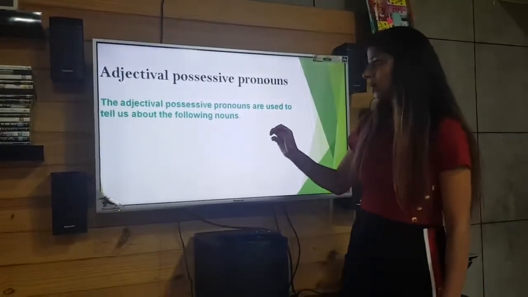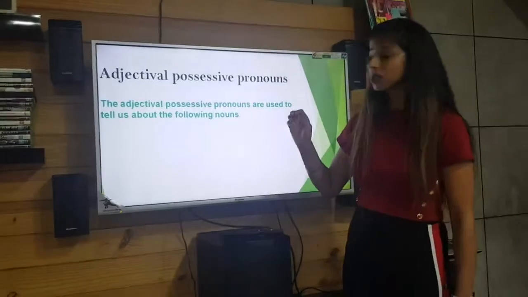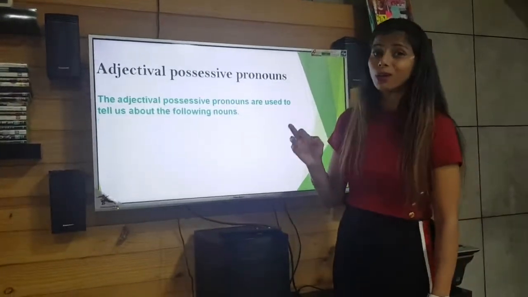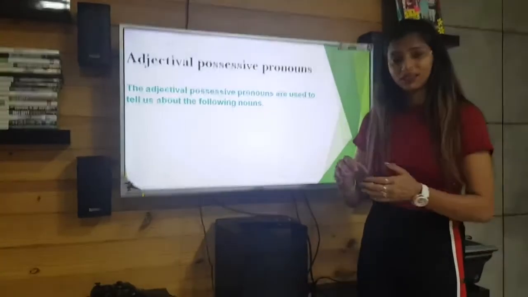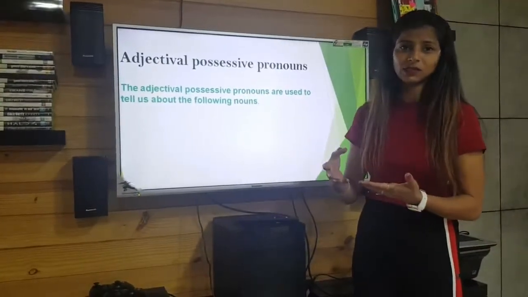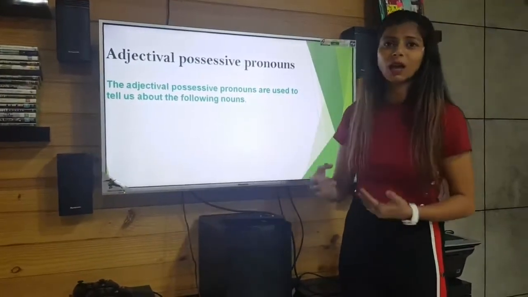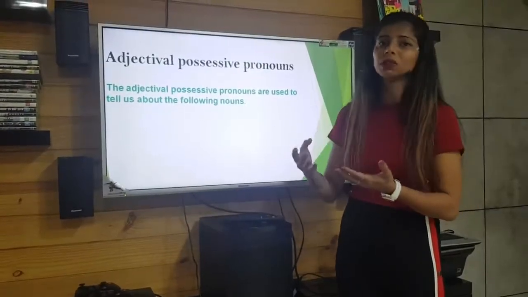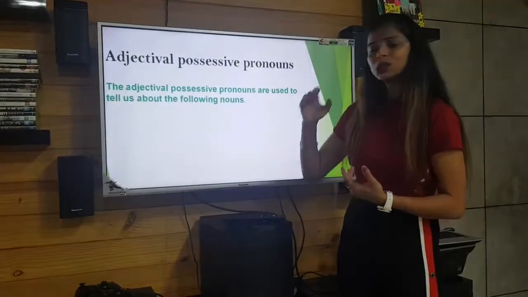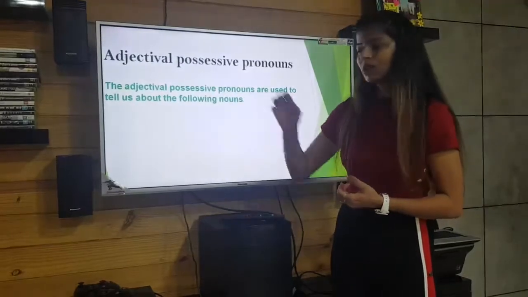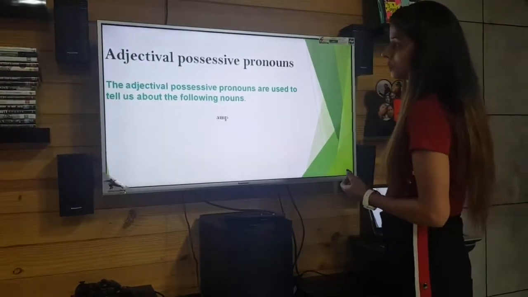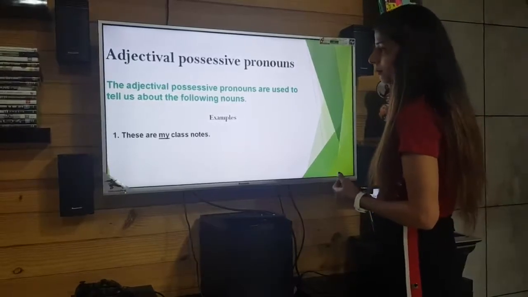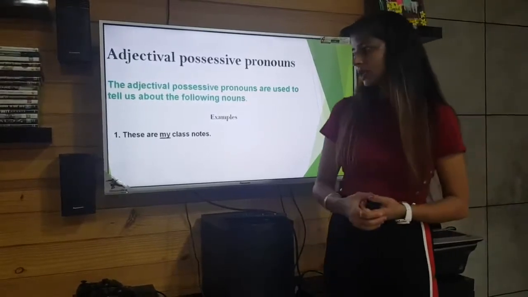These pronouns are used to tell us about the following nouns, which is the quality of an adjective. Those adjectives usually tell about the nouns. They add something more about a noun. So that is why here we have taken it up as adjectival possessive pronouns. So now let's see the example and be more clear about it.